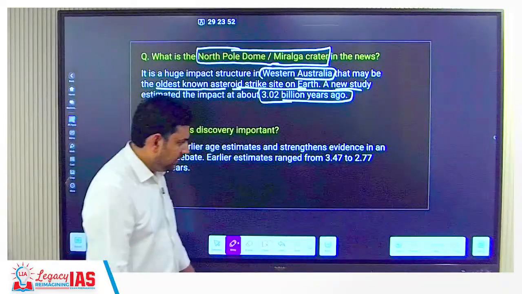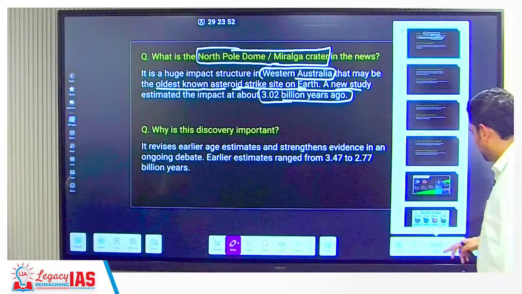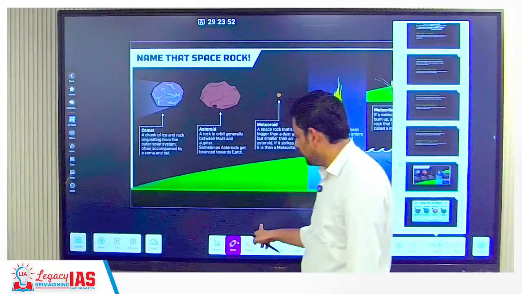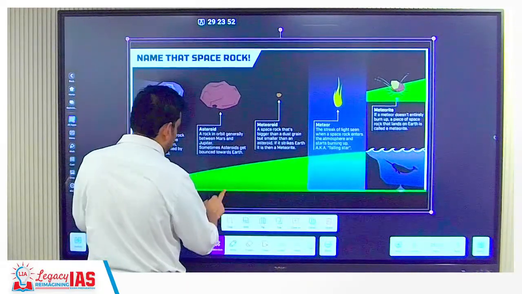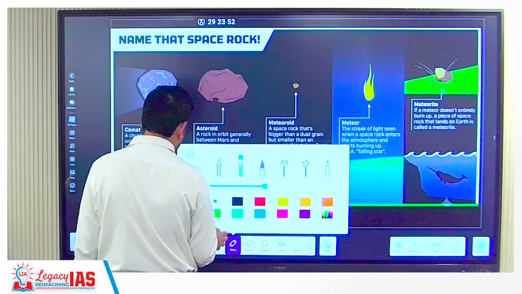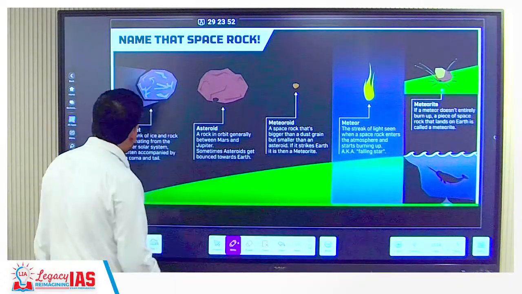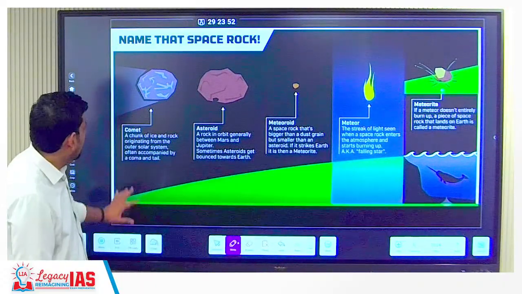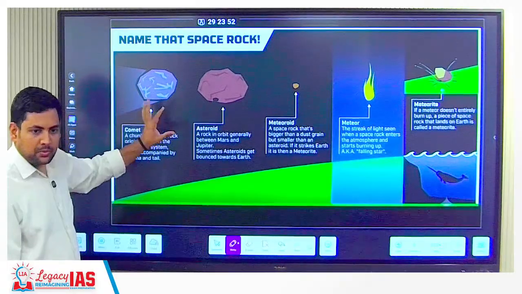Okay, now let's first understand what all these terms are. First term is comet.